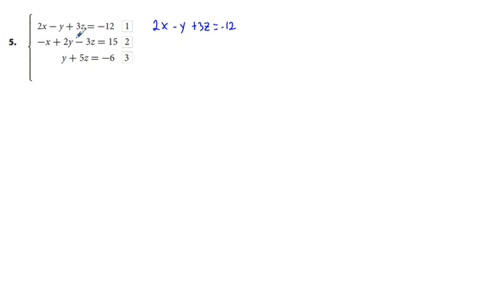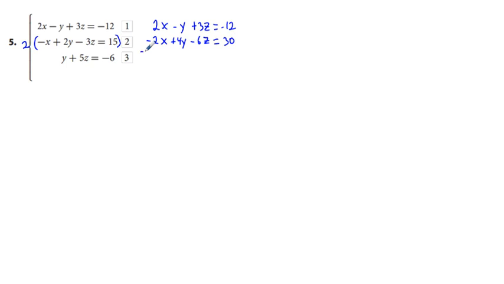And I'm going to multiply the second equation here by 2. And when I do that, we get negative 2x. And then we have 2 times 2y is going to be plus 4y. And then 2 times negative 3z is going to be negative 6z. And then 2 times 15 is going to be 30.